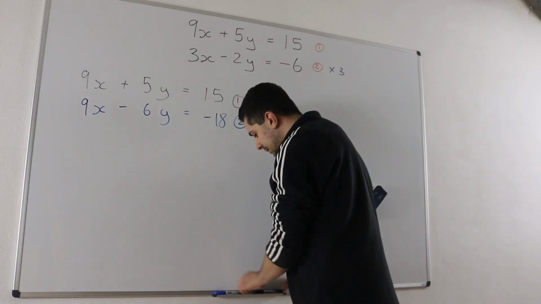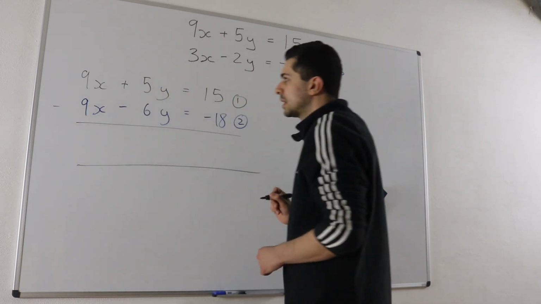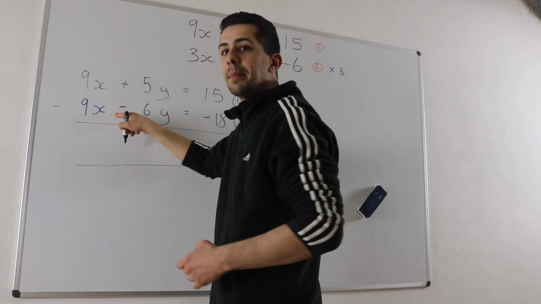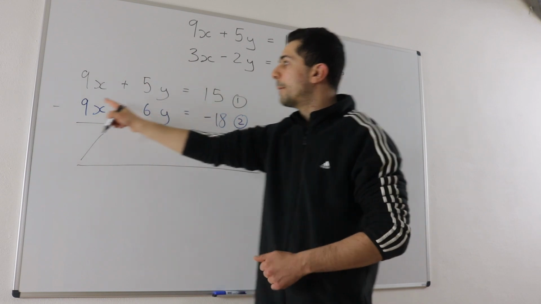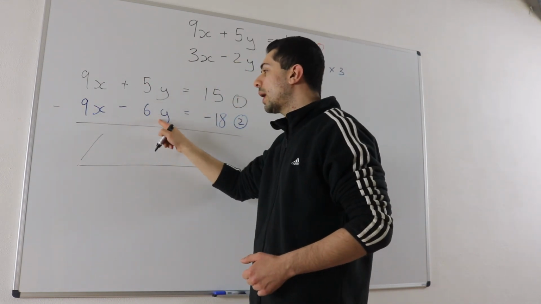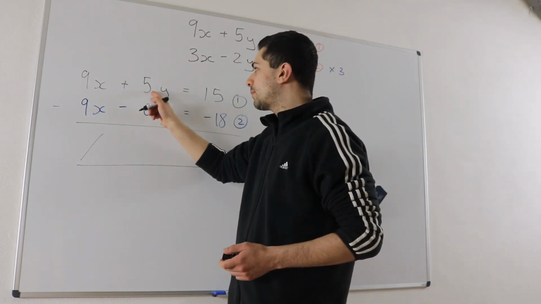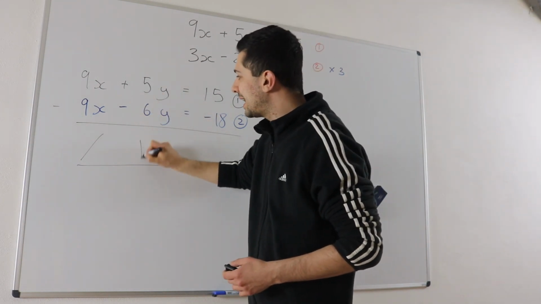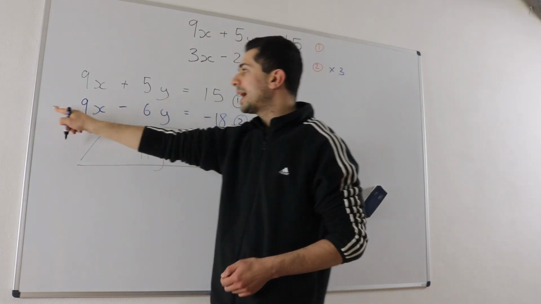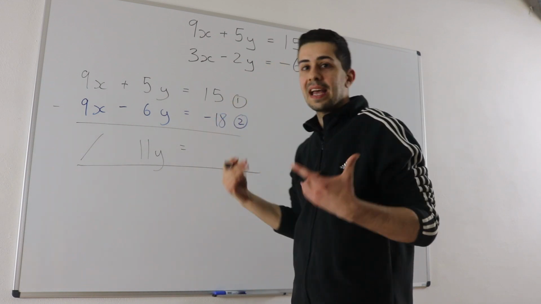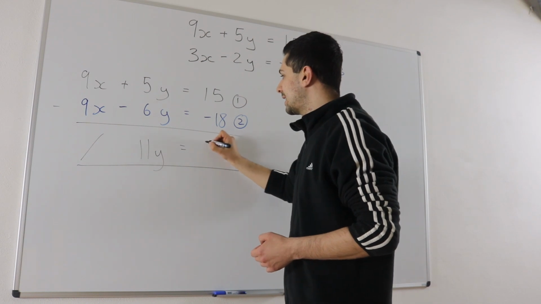I will then move on to subtracting both equations again. So I have 9x minus 9x, which will cancel out, 5y minus 6y, minus and minus become plus, so I have 5y plus 6y, which is 11y, equals 15 minus and minus, again become plus, so 15 plus 18 is 33.